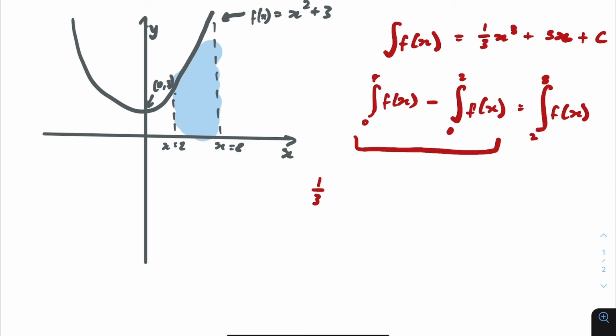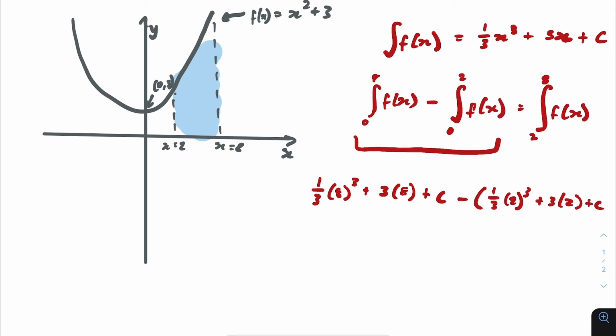So wherever there's x, just substitute 8. So 1 over 3, 8 cubed plus 3 times 8 plus c, minus, and then we'll put this in brackets because the signs will change, 1 over 3, 2 cubed plus 3 times 2 plus c. And the important thing to notice is that there will be a sign change.